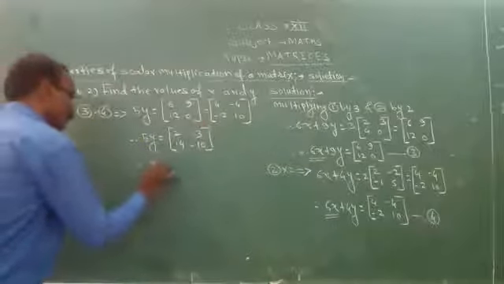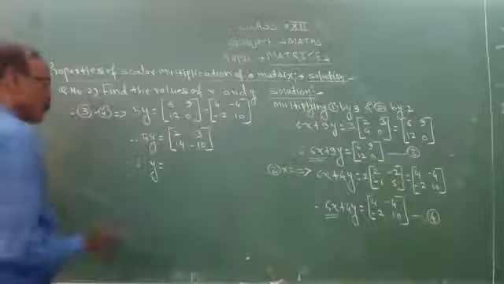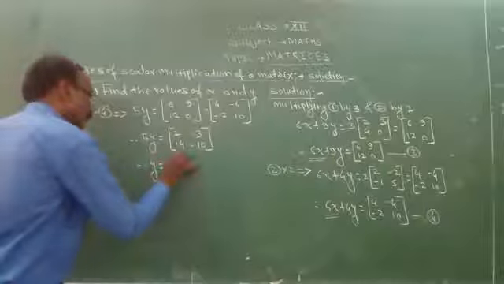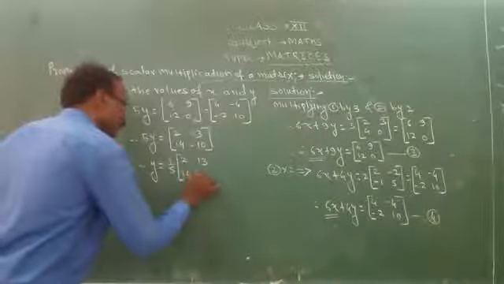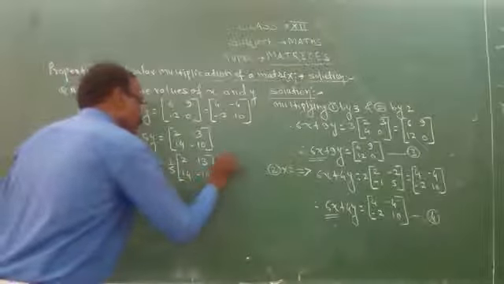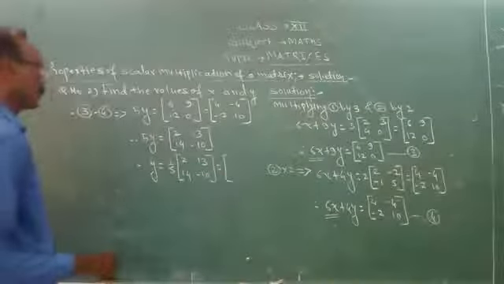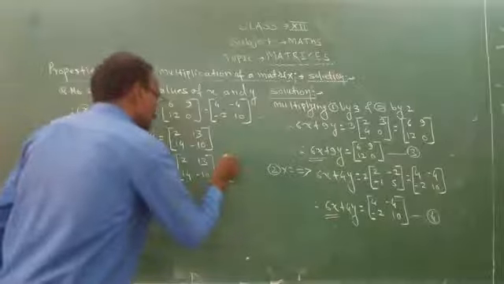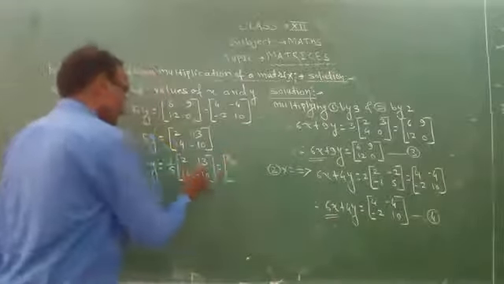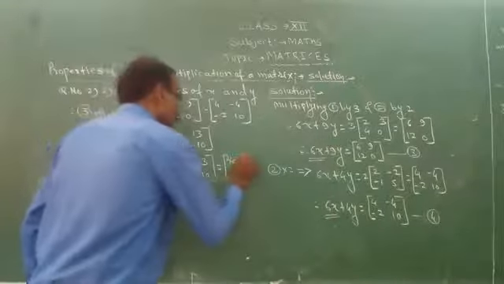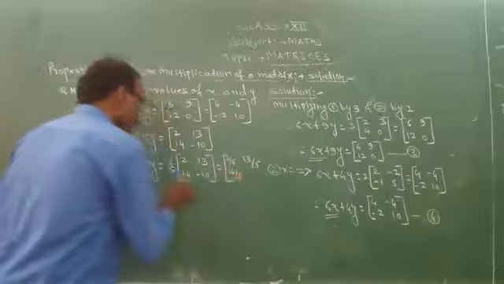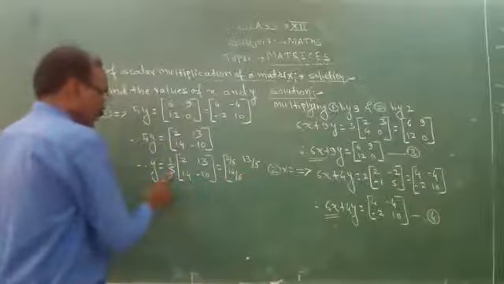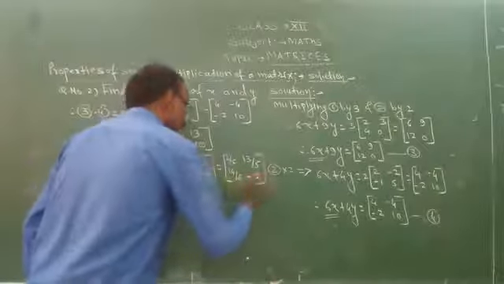Therefore, y equals, taking this 5 to the right-hand side, 1 by 5 into the matrix 2, 13, 14, minus 10. So, multiplying this matrix by 1 by 5, we get 2 by 5, 13 by 5, then 14 by 5, then minus 10 upon 5, that is minus 2.